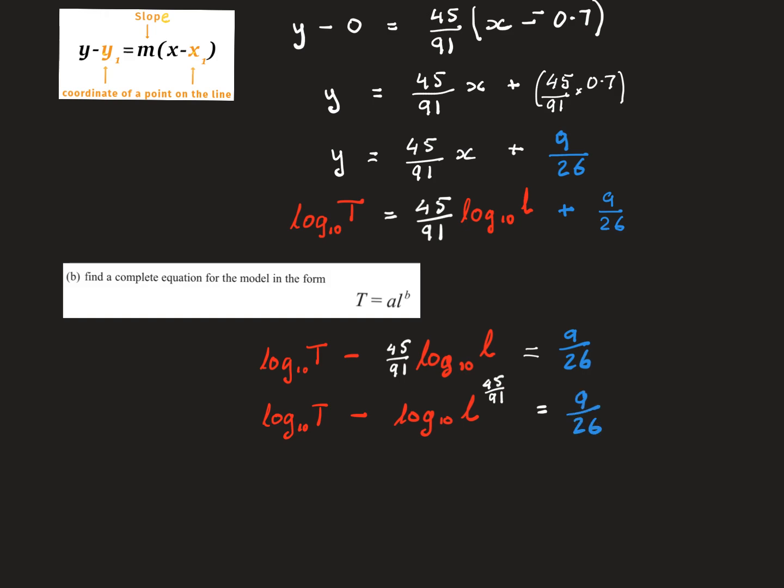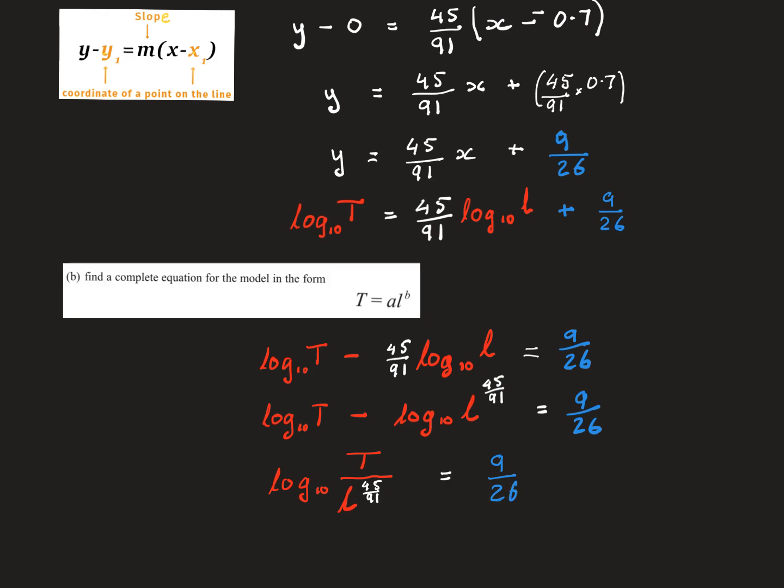Now two logs, if you take them away, can be rewritten as log 10 of t over L to the 45 over 91, and that's equal to 9 over 26.